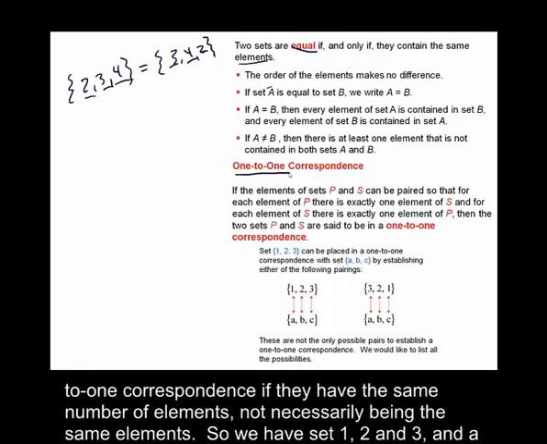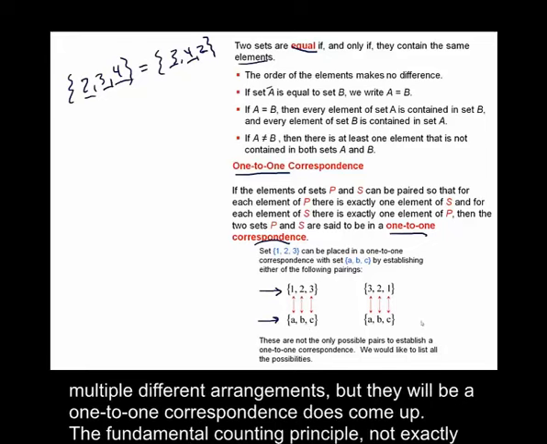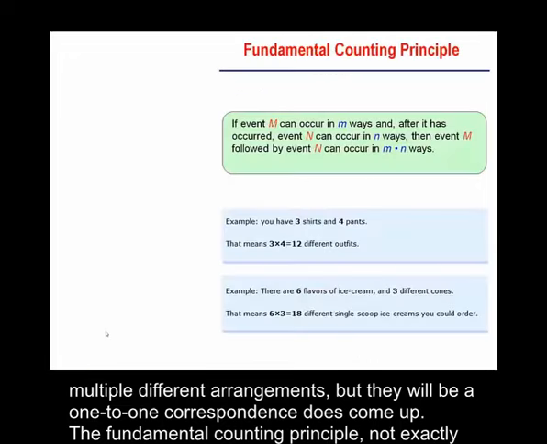There is a one-to-one correspondence if they have the same number of elements, not necessarily being the same elements. So we have a set {1, 2, 3} and a set with the elements A, B, and C can be set up in a one-to-one correspondence. And they can go in any order, any pairings, so we can have multiple different arrangements. But it will be a one-to-one correspondence.